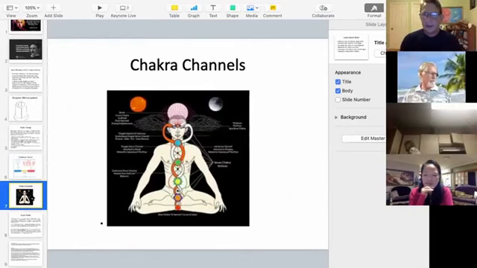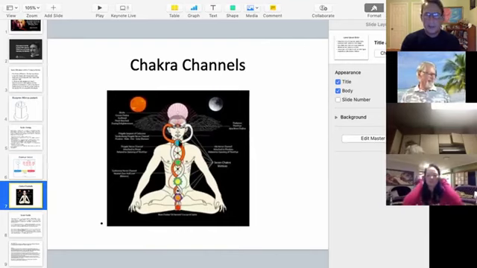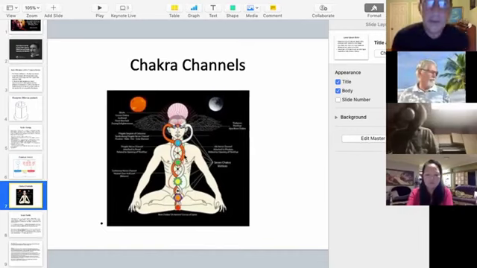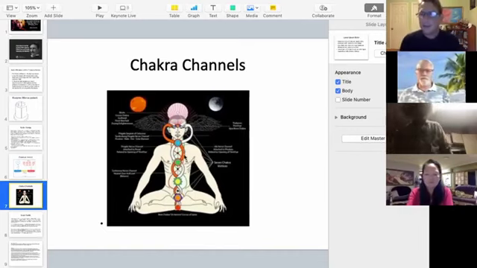This diagram shows that these individual seven chakras are linked up with a type of channel that oscillates between each of the chakras. These are the chakra channels that connect the flow of energy in the different layers of consciousness.